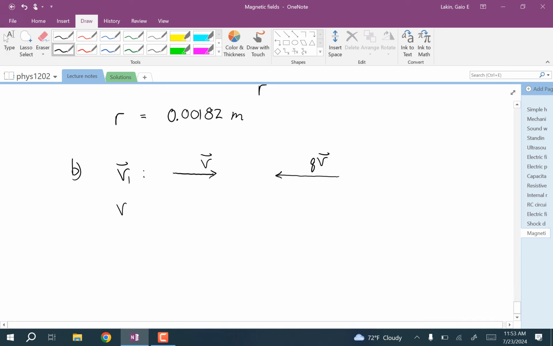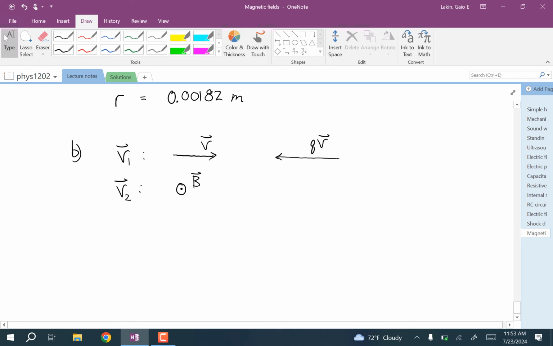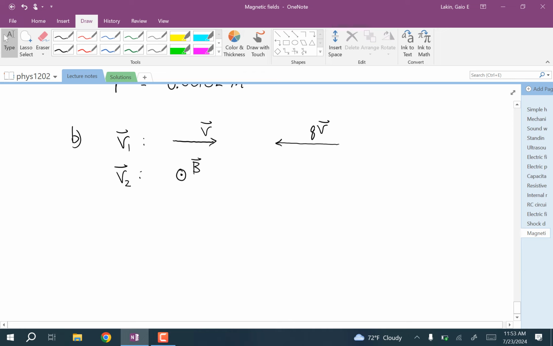Our magnetic field vector is our V2 for using the right-hand rule, and that is out of the page. And so which way do you have to position your hand so that V1 is to the left and V2 is out of the page?